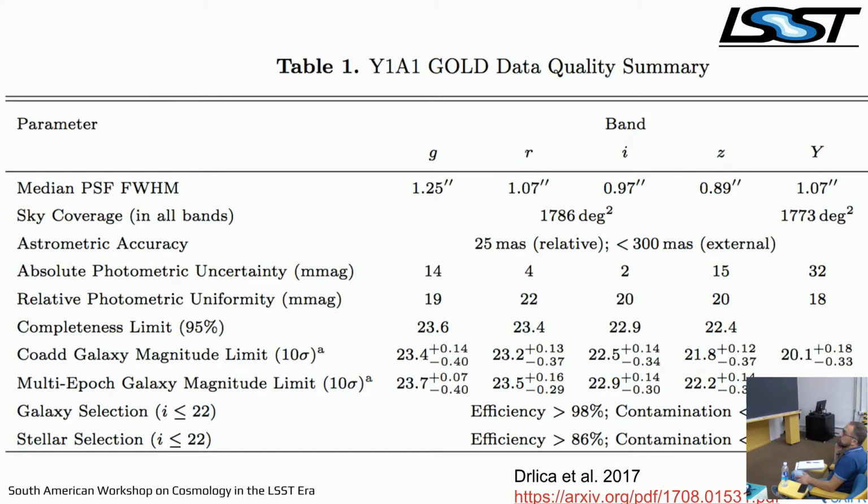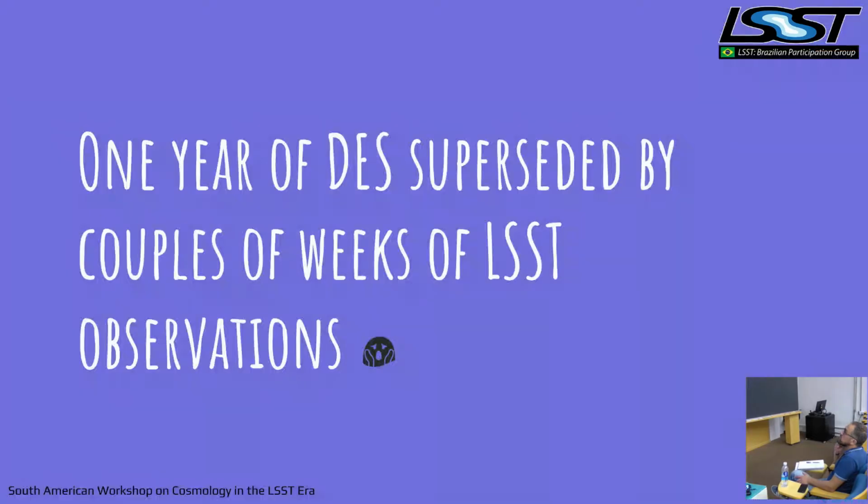And of course, with LSST, all of these almost 5 years of work will be covered in a couple of weeks. You have an 8-meter telescope, a larger camera, more sensitive, and well, a different survey strategy. But well, such is life.